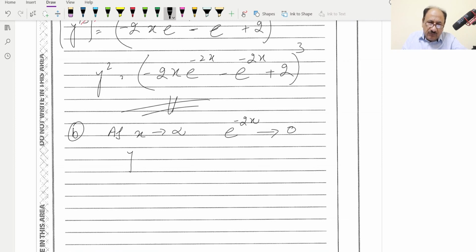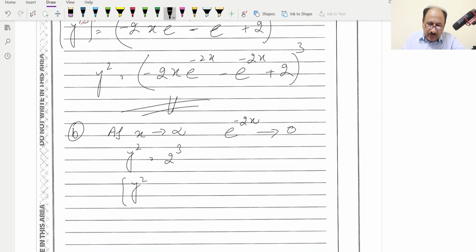So y square will be equal to, when e raised to minus 2x is 0, these two terms will be equal to 0, and the remaining term will be 2 raised to power 3. So y square equals 2 raised to the power 3, and we can take power 1 by 2 on both sides.